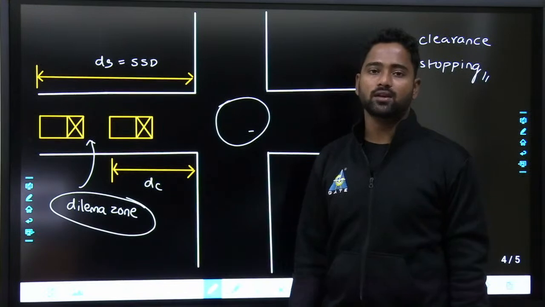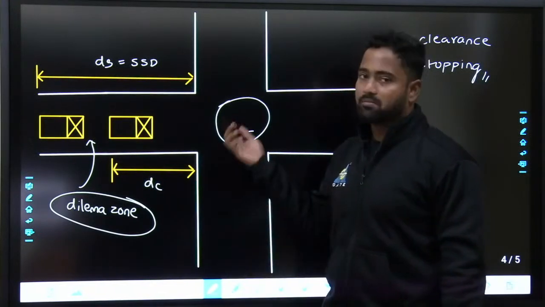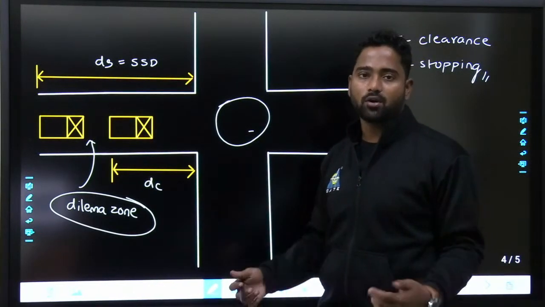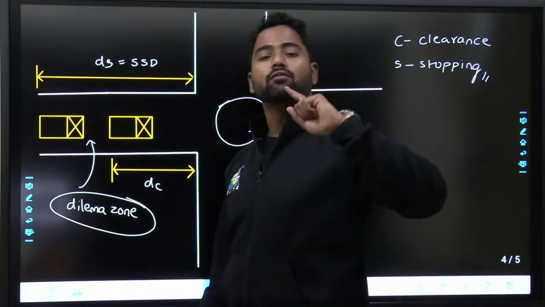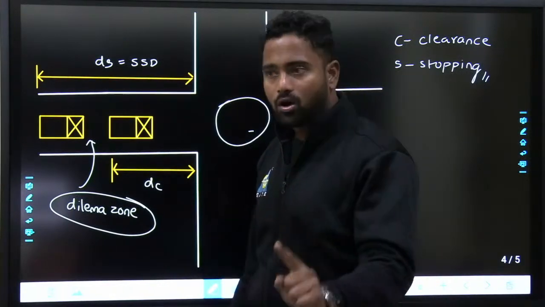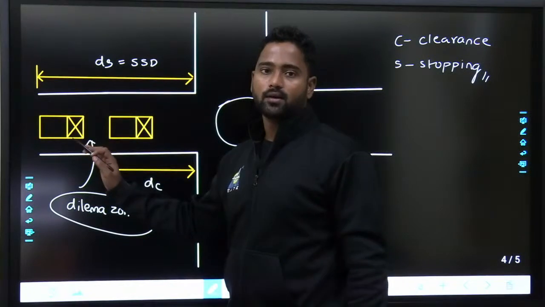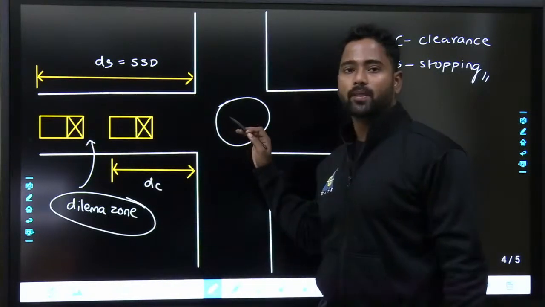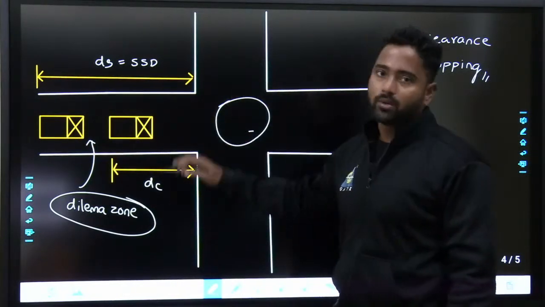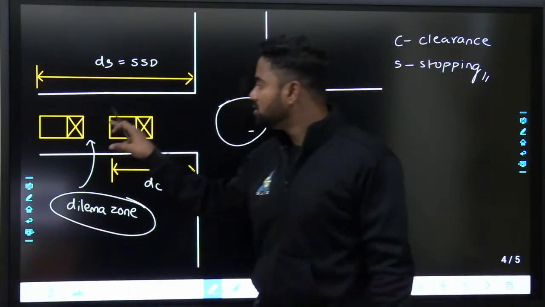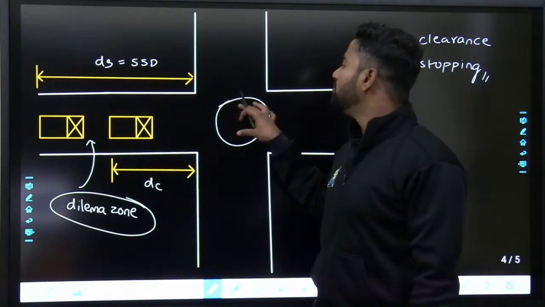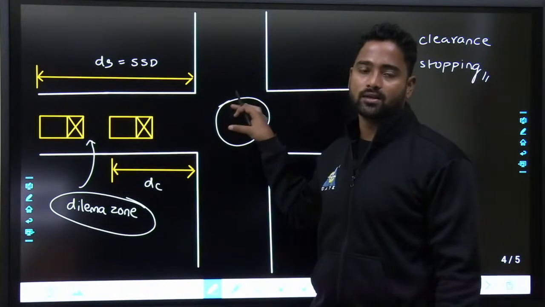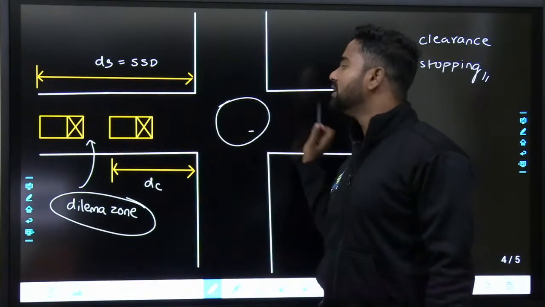If he is stuck in the intersection, there might be accidents or there will be traffic jam and all those things. Either you have to clear the intersection or you have to stay back. But you should not be in a dilemma whether to clear the intersection or to stay back. If you are in the dilemma zone, then you will be stuck at the intersection. Idea is to clear the intersection.